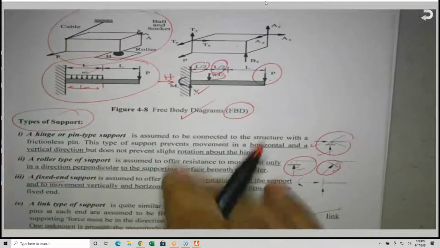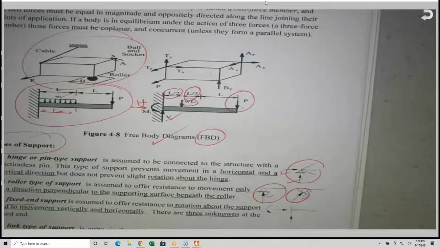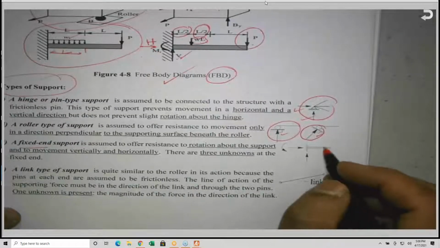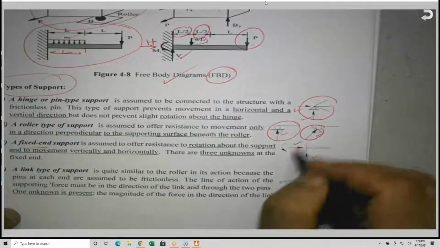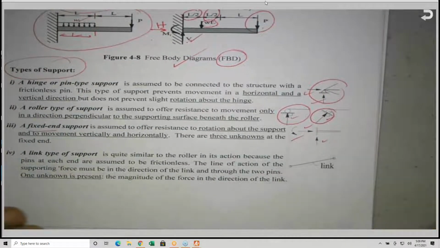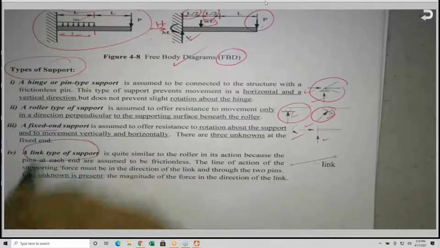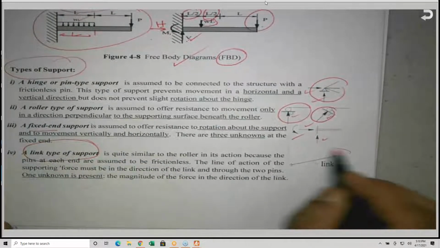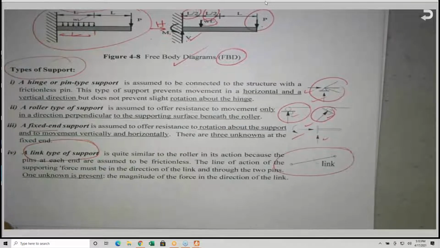We are going to solve some problems like that. So the fixed end does have 3 unknowns. Even if one of them is 0, we still show it because you are using the 3 equations. And the last one is called a link, like a truss member.